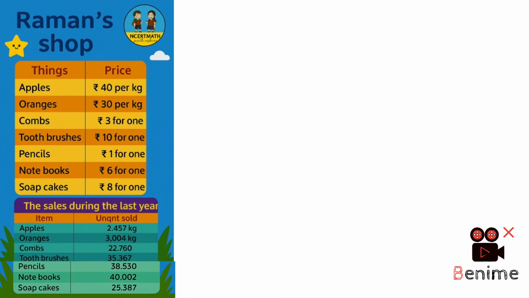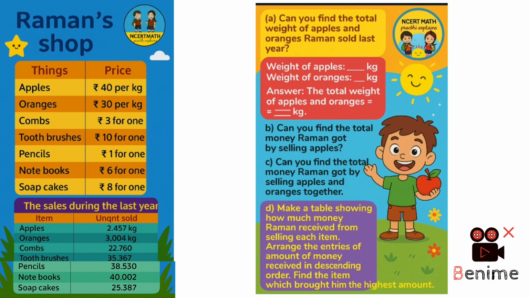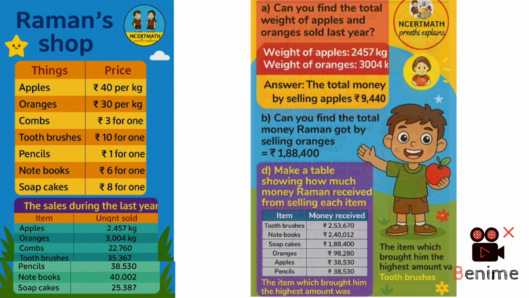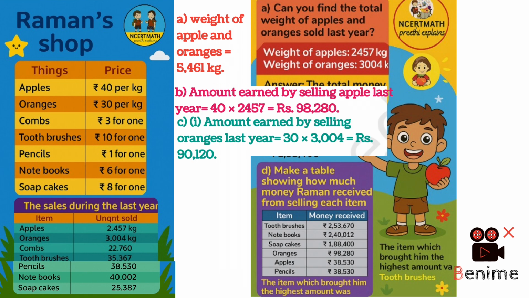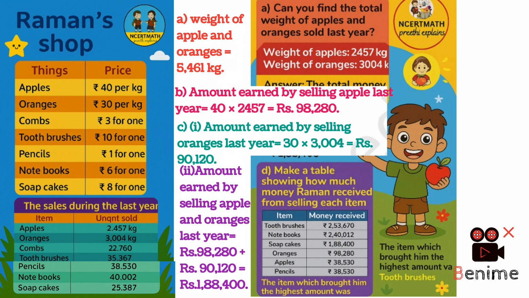The tables show Raman's shop items, their prices and the sales during the last year. The first question asks for the total weight of the apples and oranges sold last year. In the second table they have given the list of items and the weight of the items sold last year.